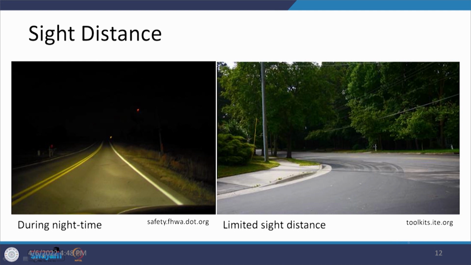But this is not going to be the case in all conditions. What you can see here is night time driving. Under night time driving, you have visibility with respect to the headlights. So, the headlight, up to what particular extent it is going, you will be able to find out.